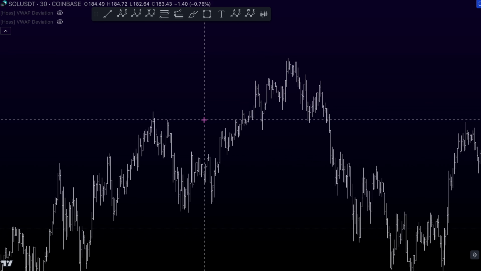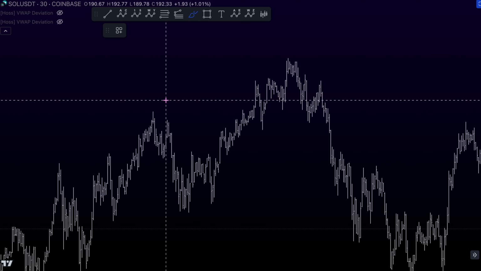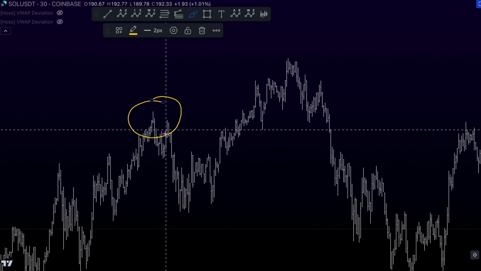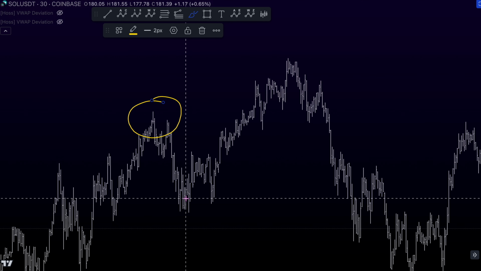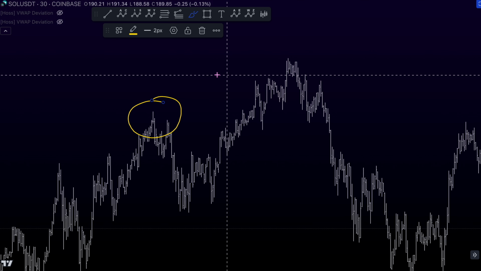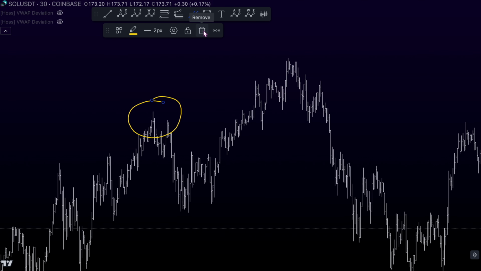Here we are on the Solana chart. This is the top of a former impulse wave, so this has to be the correction, and this again is the last bit of a larger degree impulse.